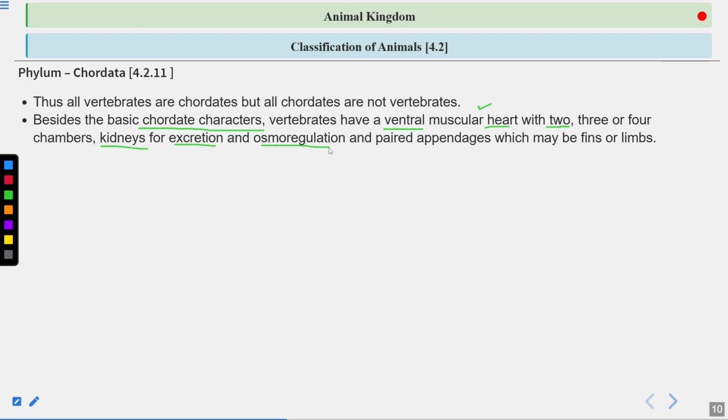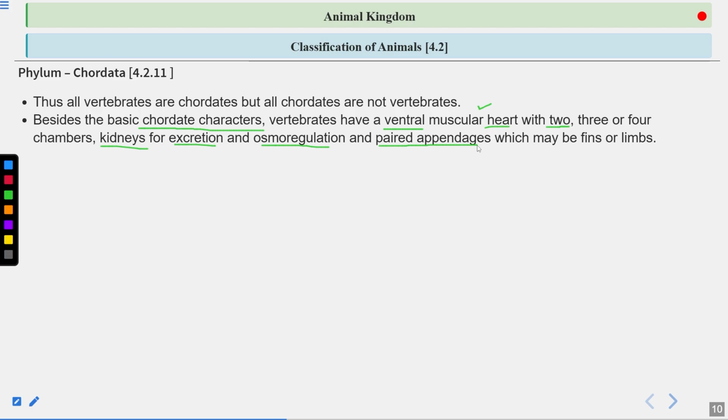Forelimbs means 2 hands, and hind limbs means the 2 legs, right? So they have limb-like structures. But some of the organisms that are present in the water have fin-like structures that are helpful for swimming in water. Okay, so these are the paired appendages.